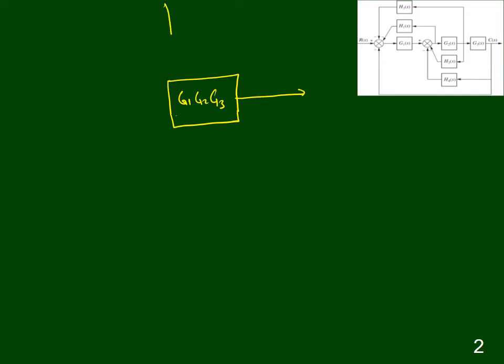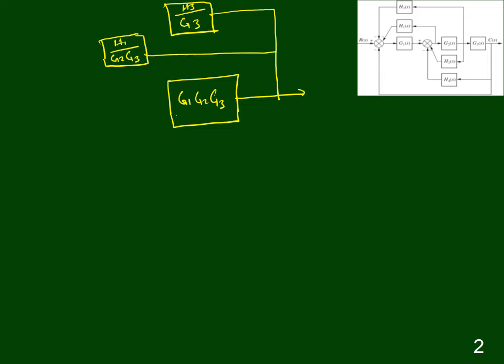So here we have two blocks. This one is H1 upon G2, G3, and this one is H3 upon G3. This one is connected here, and here we have this connection.